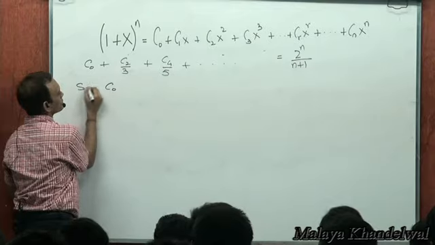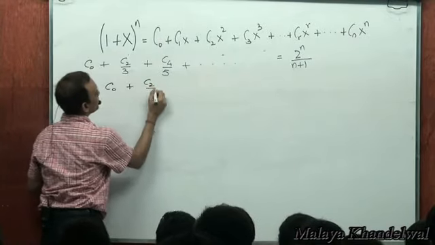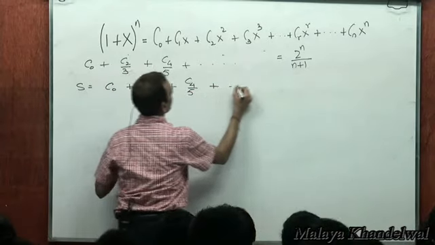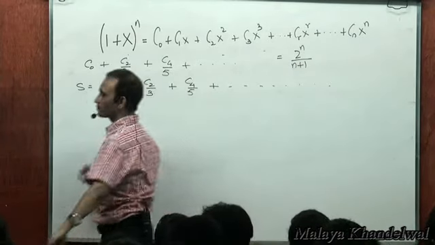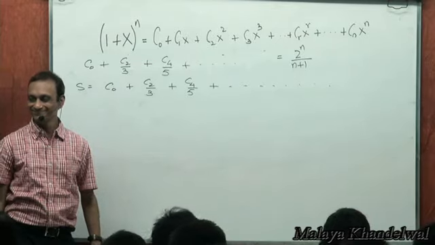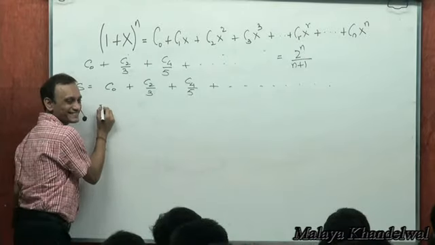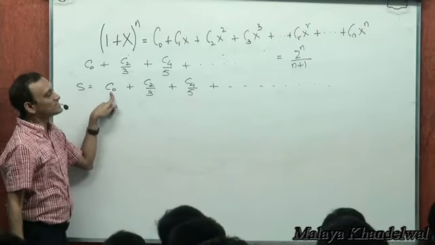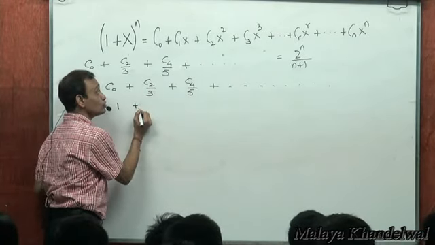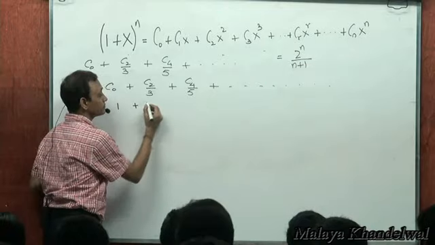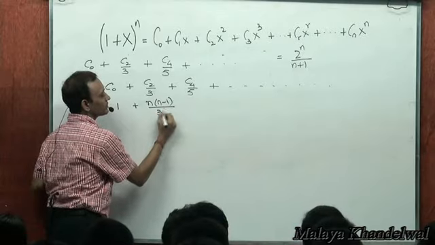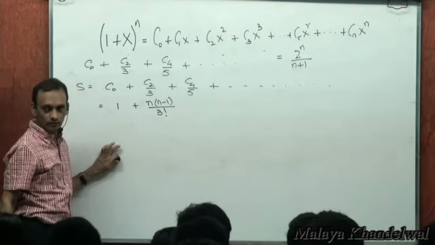C naught plus C2 by 3 plus C4 by 5, right? C naught is 1. C2 is n into n minus 1 by 2 factorial. 2 factorial means this will become 3 factorial, right?